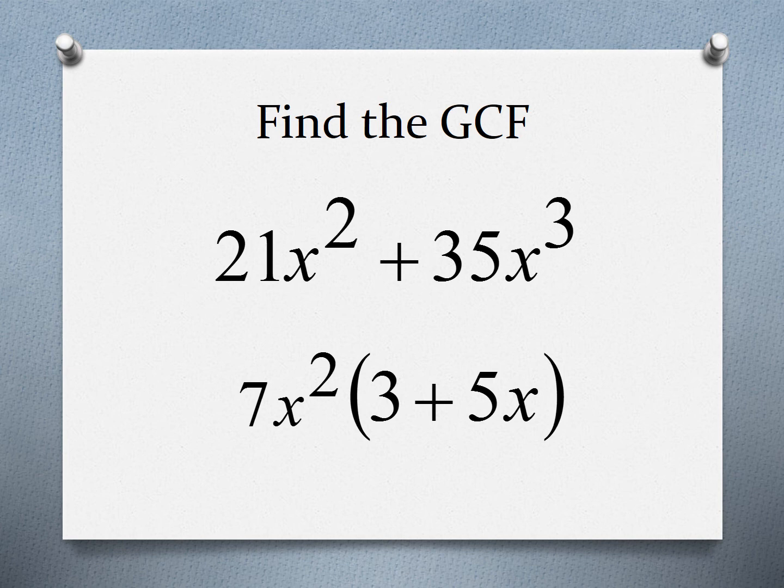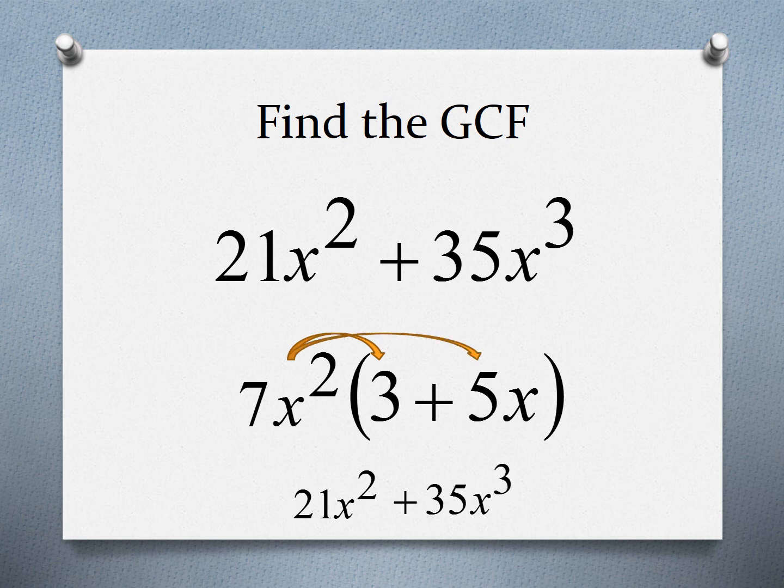Well, in this case, when we pull the 7x squared out of the 21x squared, we actually left behind a 3. When we pulled the 7x squared out of the 35x cubed, we actually left behind 5x. And I'll tell you why. 7x squared times 3 is what gave us 21x squared. And 7x squared times 5x is what has given us 35x cubed.